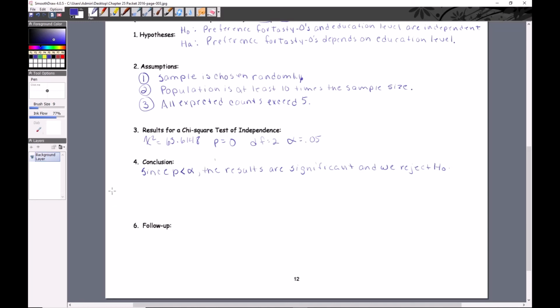All right, so since it's so close to 0, there is strong evidence to believe, you might be able to say this a little easier, a little shorter than me, that preference for Tastios depends on education level.